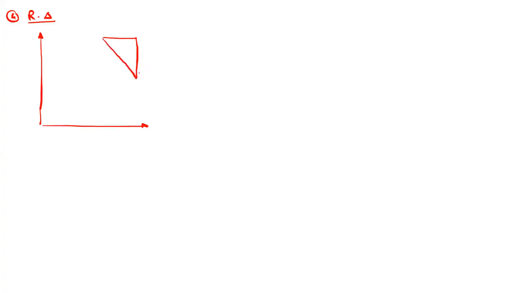This is the last right angle triangle. This is 90 degree, this is 10 mm and this is also 10 mm. So we know the center of gravity will be at this position.